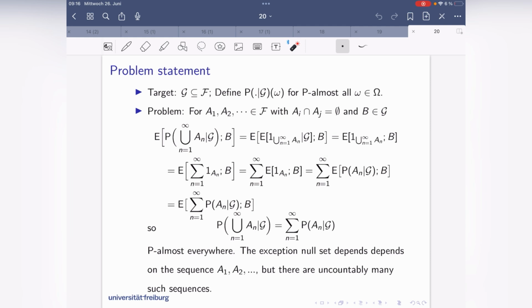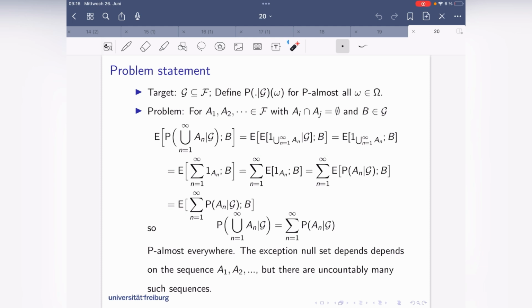And then I can argue back and say that's the sum of the conditional expectations, and then I can plug in the sum again, like so. Then I have shown that these two things here are the same. At least they are the same almost surely, so for P almost all omega.